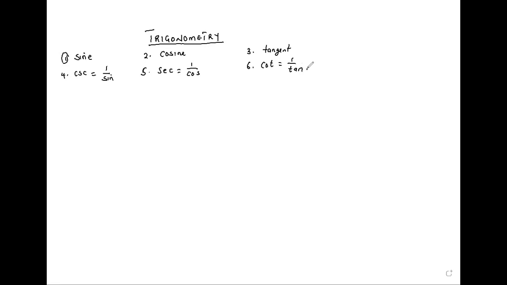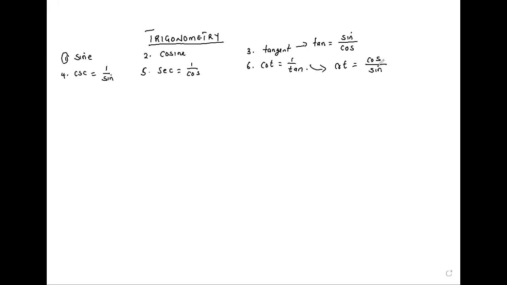These are the functions that we'll be talking about. So tan can also be written as sine over cosine. And if tan can be written like that, then cot can be written as cos over sine.